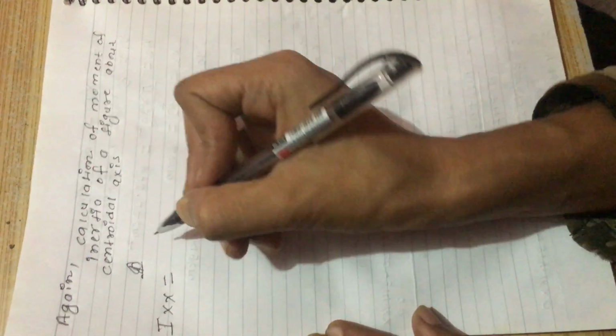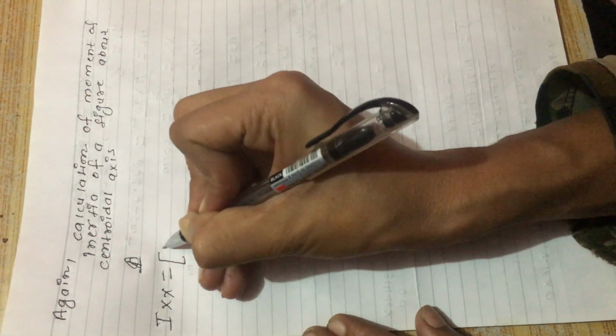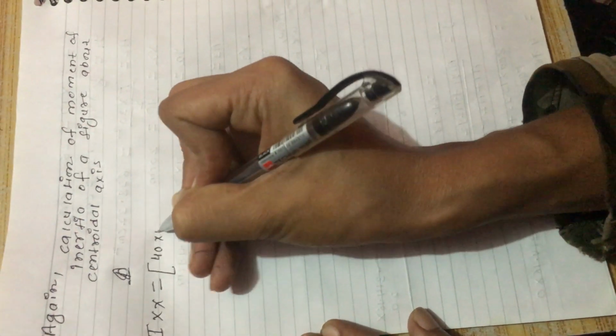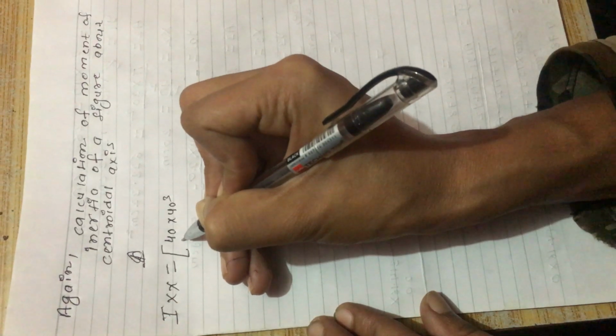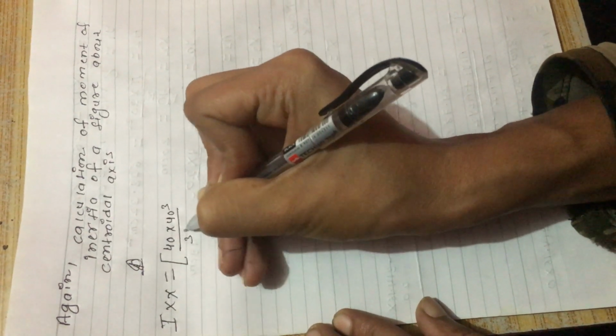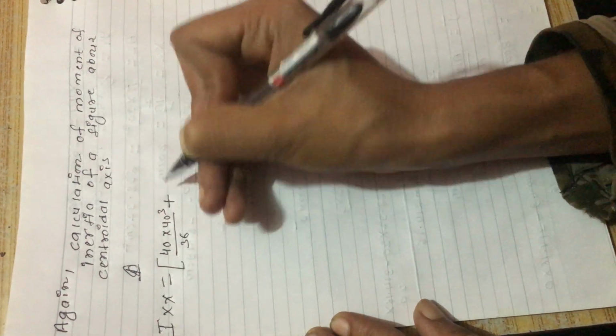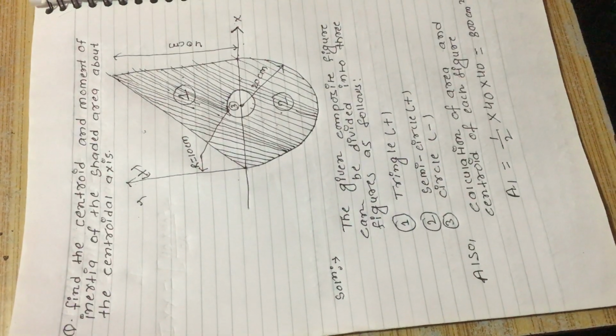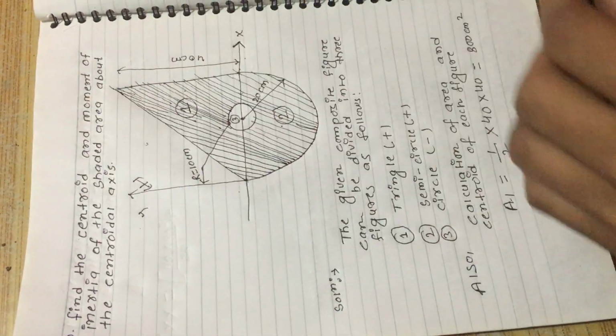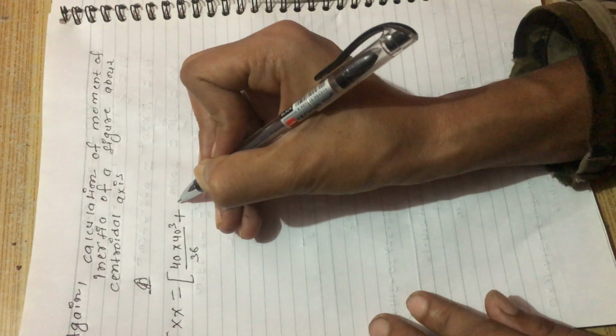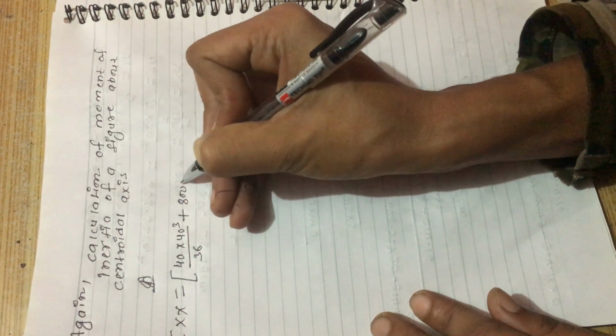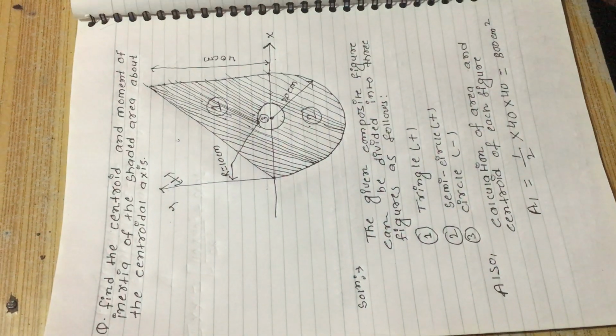So 40 into 40 cube divided by 36 plus area 800, bracket y minus y bar.